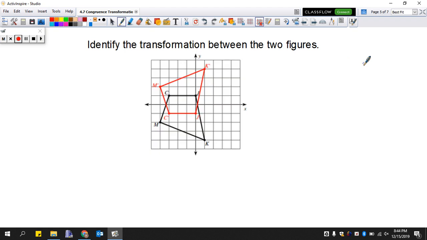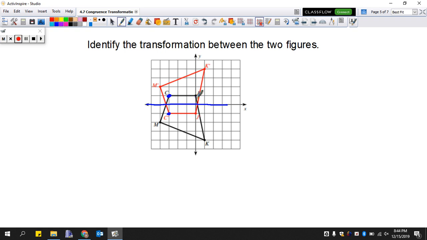This one now looks sort of like a translation, except that the shapes are not oriented in the same direction. If we look at this x-axis here and look at the points, point C here is 1 space above the x-axis, and C prime is 1 space below.